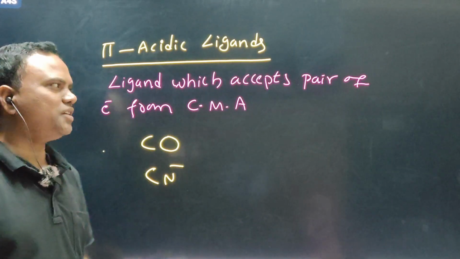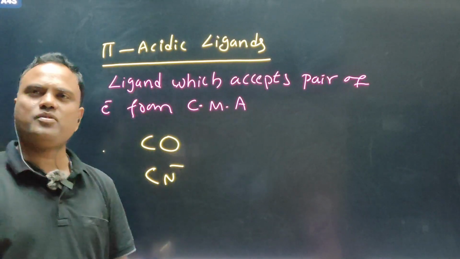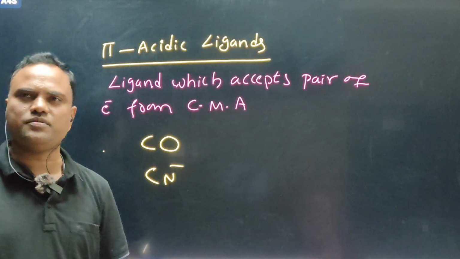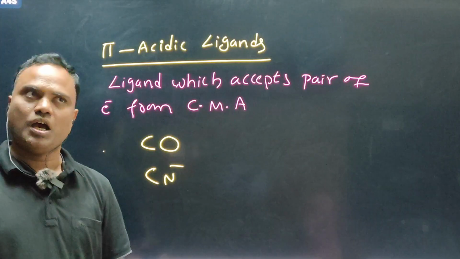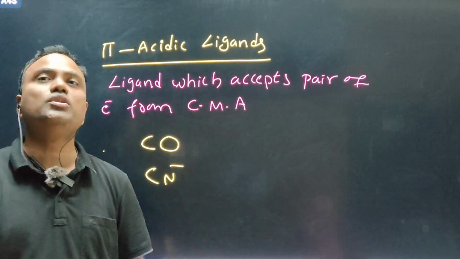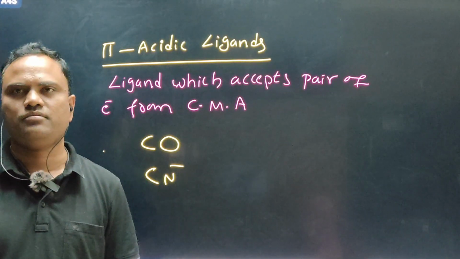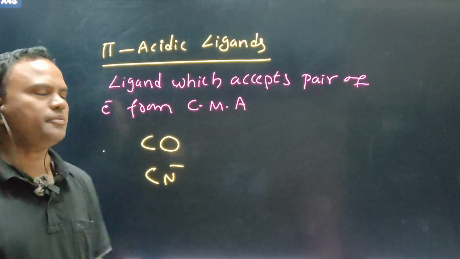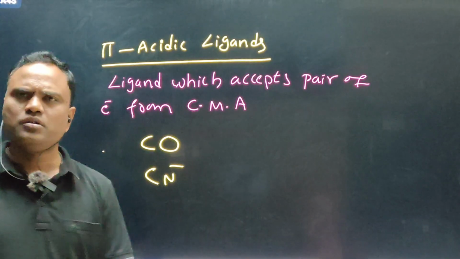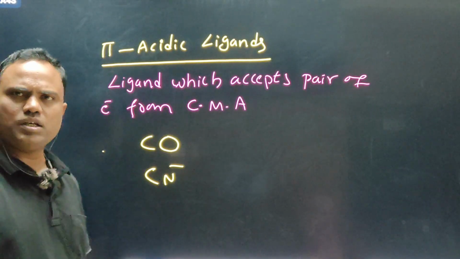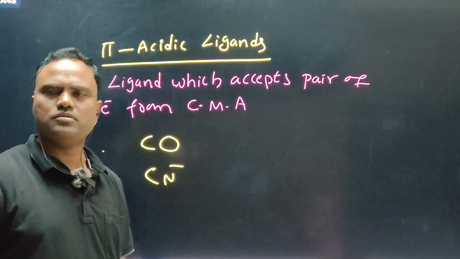What I am saying is, first the natural process takes place, the natural phenomenon takes place. First carbon will give electrons to the metal. After that again it accepts, due to the double bond formation that takes place there. The bond between metal and carbon has double bond character. All these ligands give the electrons, and at the same time, they accept electrons.